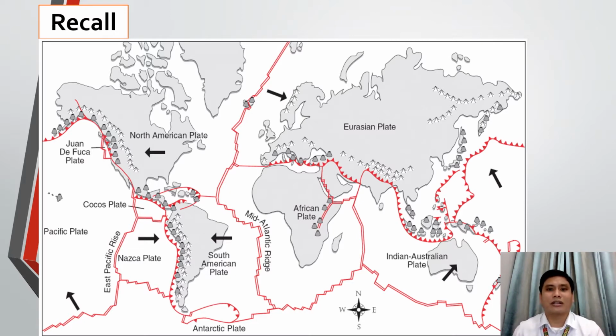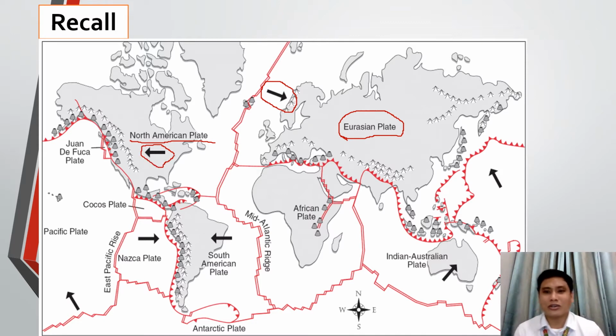Say, for example, we have this one, the Eurasian plate. It is moving in this direction. So this arrow tells the direction where the Eurasian plate is moving. And then this one, this North American plate, it is moving in this direction, represented again by this arrow.